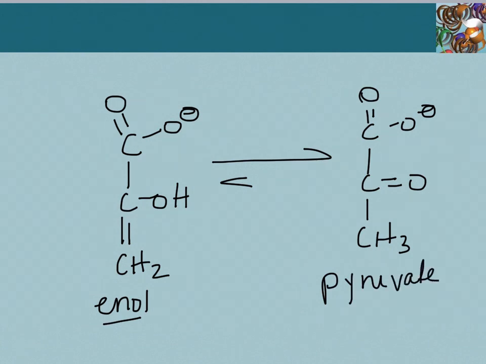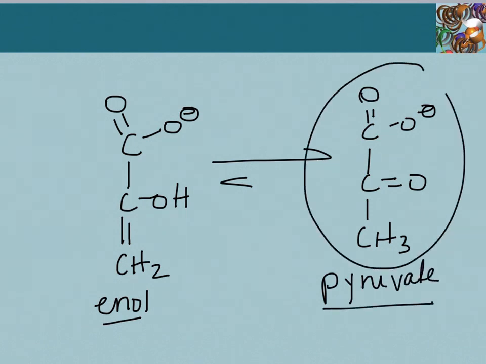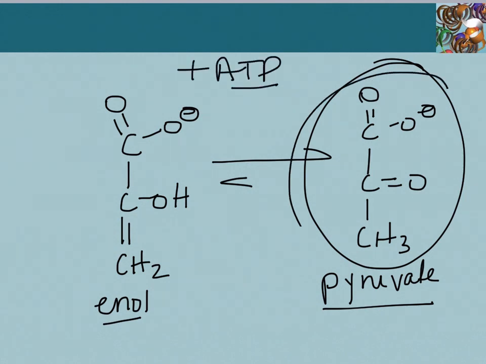And if you remember from the beginning of the lecture, pyruvate can then go on to the tricarboxylic acid cycle to generate even more ATP. So we generate an ATP when we lose the phosphate group here and make pyruvate. Okay, so we've completed glycolysis.